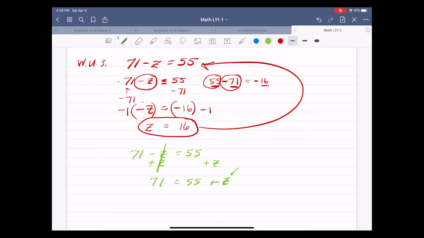Now you'll notice my z is positive, but I now have a plus 55 in the way of z being by itself. I still need to isolate that z. So I want to get rid of this plus 55. How am I going to do that? You're right. I'm going to subtract 55. If I subtract 55 from the right side of the equation, guess what I have to do to the left? I have to subtract 55.